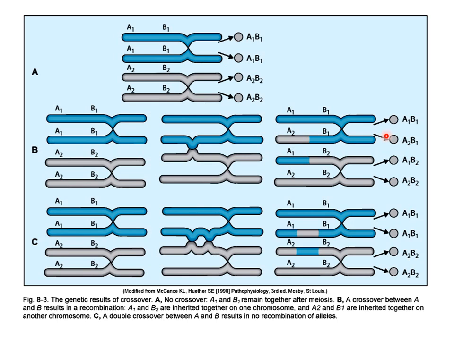So now you can not only get A1B1 and A2B2, you can get A2B1 and A1B2, because you got the pink on the blue and the blue on the pink. And then in C, we have a double crossover event, which can actually restore it. So it's A1B1, A2B2, and we're back together. The only way you're going to know that C has occurred is if you sequenced it and all this sort of thing.